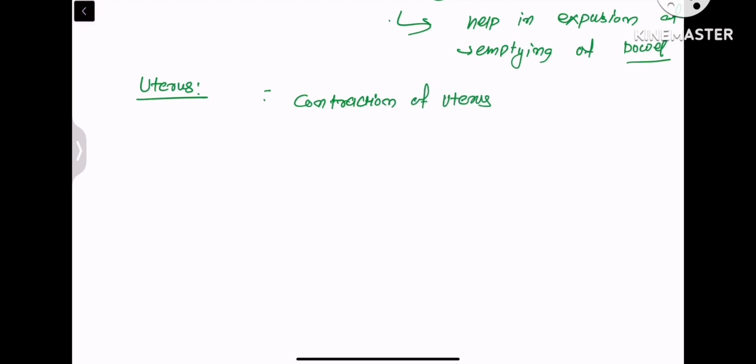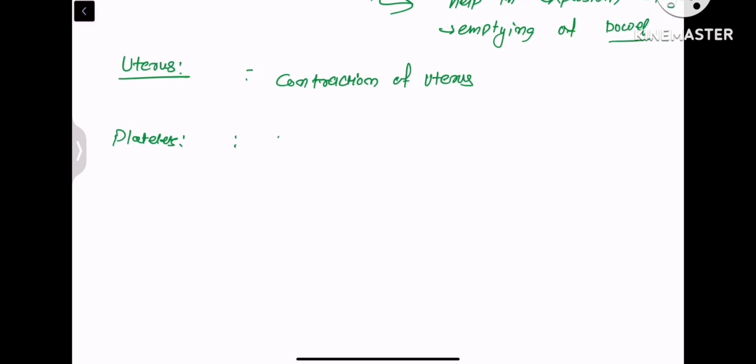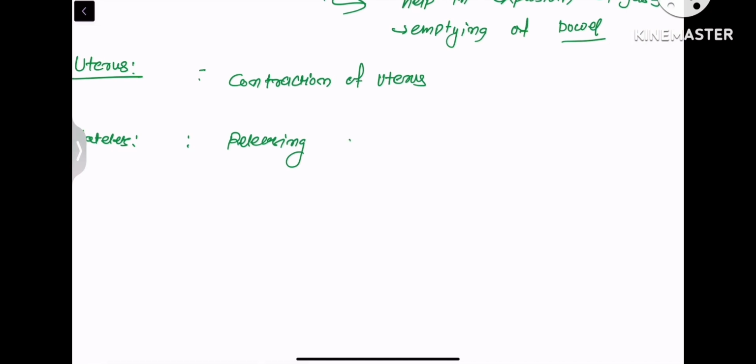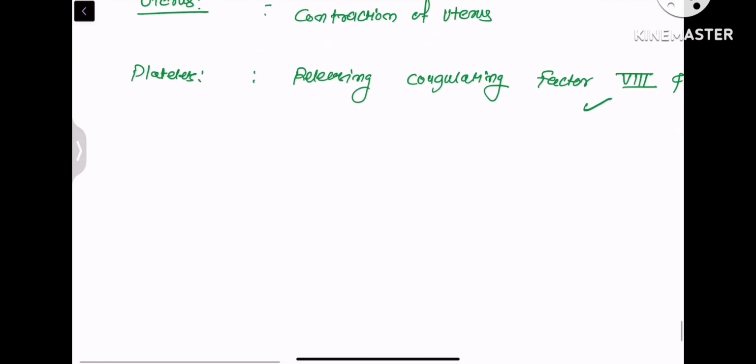Now action on platelets. It causes aggregation of platelets by releasing coagulating factor 8 and von Willebrand factor, which help in the activation and aggregation of platelets.